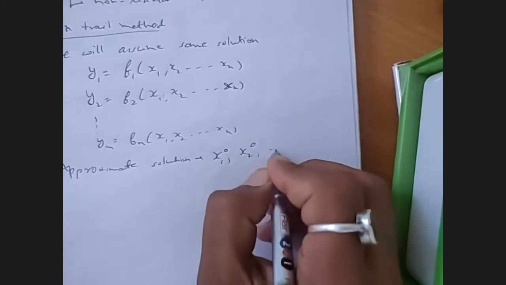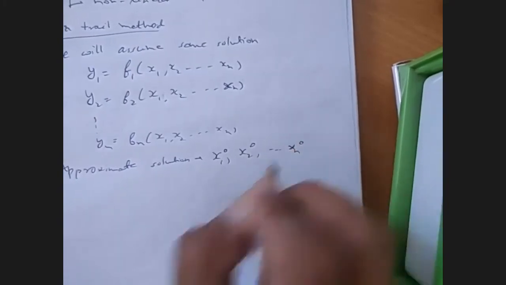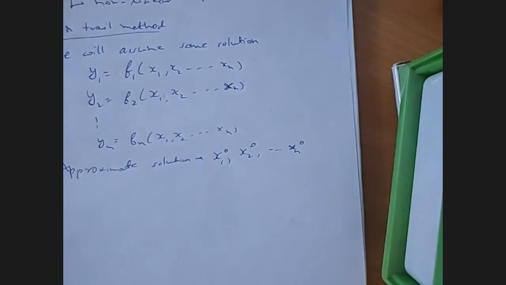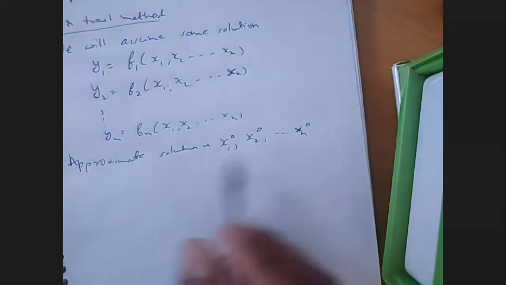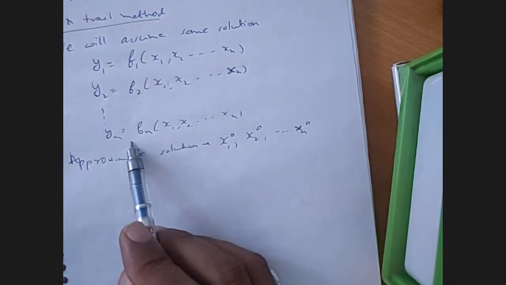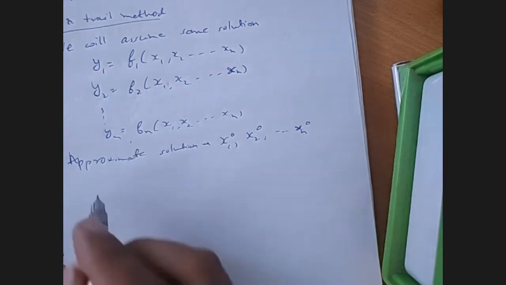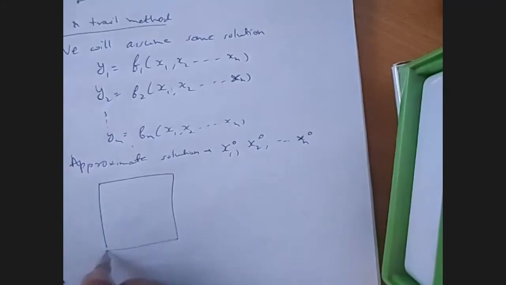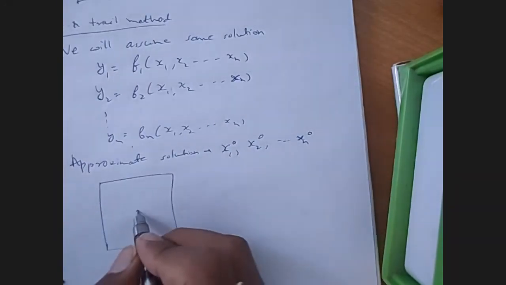x1 0, x2 0 up to xn 0. So we have considered an initial solution x1 0, x2 0 up to xn 0. And then we will be putting these values into our functions and checking how suitable they are.